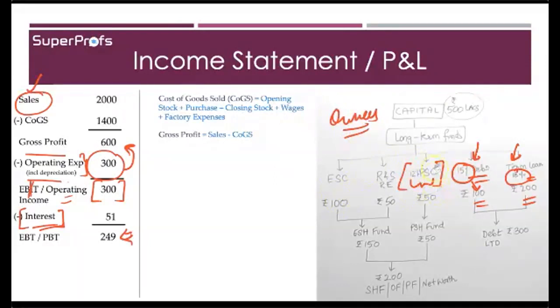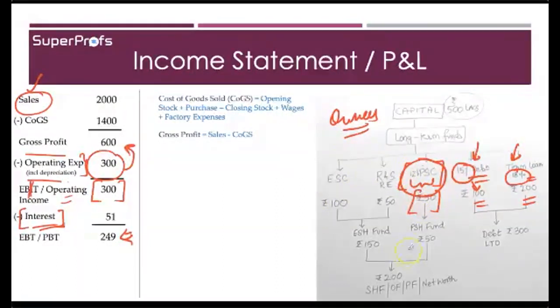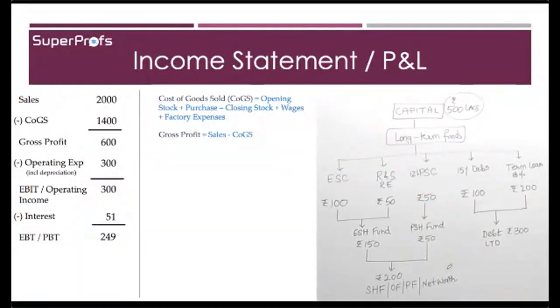All right. And therefore the money where you have to give this 12%, right, of 50 lakh, this is to be given from the profits, and we will study this very shortly. Okay. So now coming back, we have now calculated the earnings before tax or profit before tax.